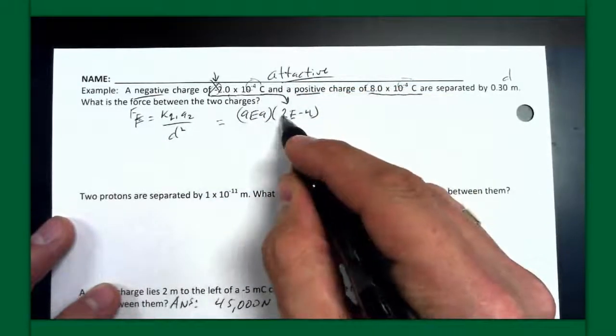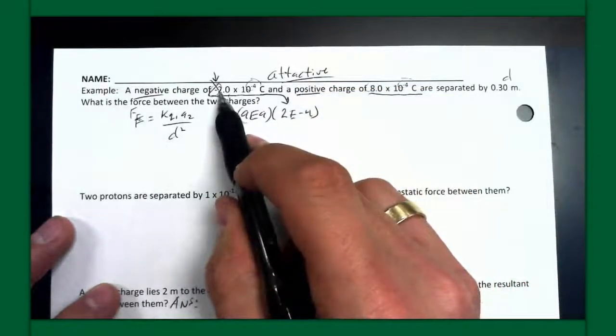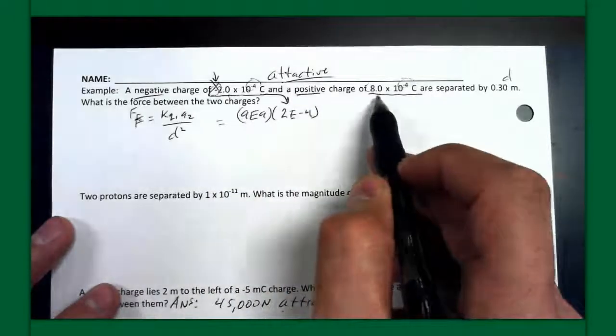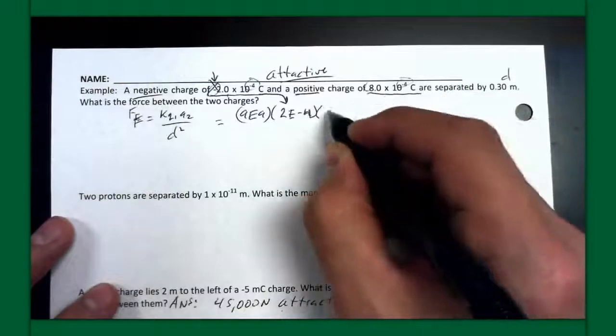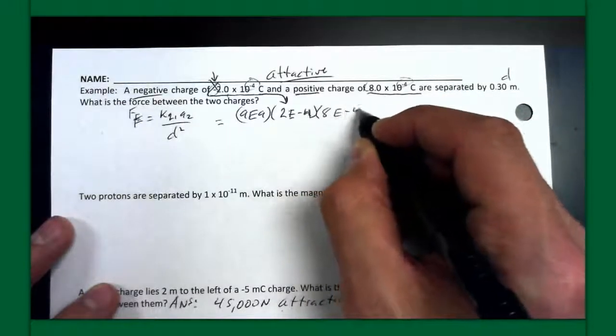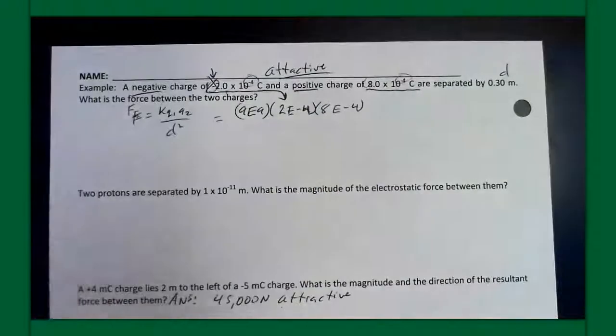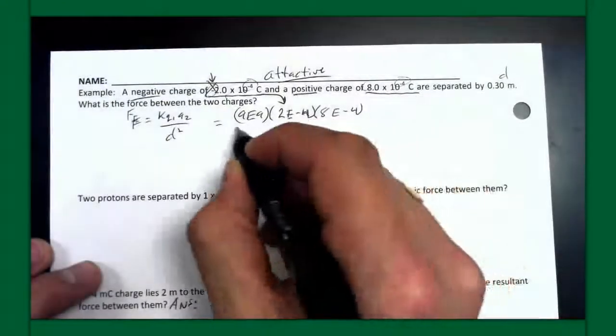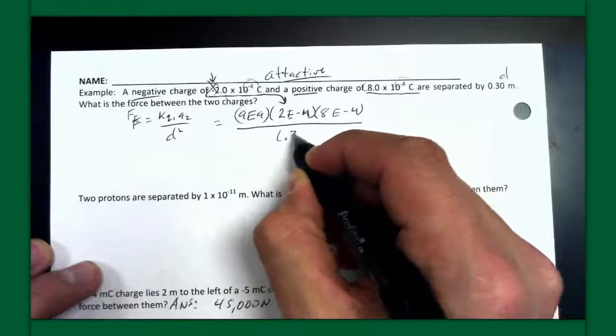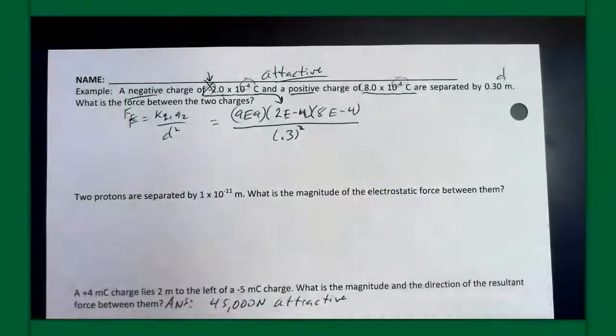I took the negative out because, again, I don't need it. The only reason I need that is to know that it's going to be an attractive force. Once I figure that out, I can get rid of it. 8 times 10 to the -4 goes in here because that's our other charge. And then our distance, 0.3 meters, goes on the bottom, and it's got to be squared.